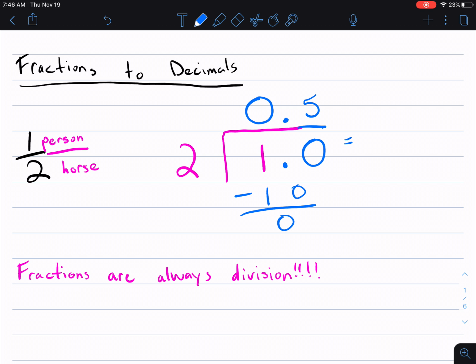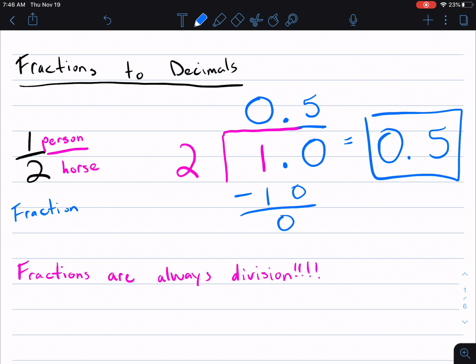So my answer is now 0.5. I went from fraction, de fracción, to decimal. A decimal. This is how you get decimals from fractions. Así agarran decimales de fracciones.